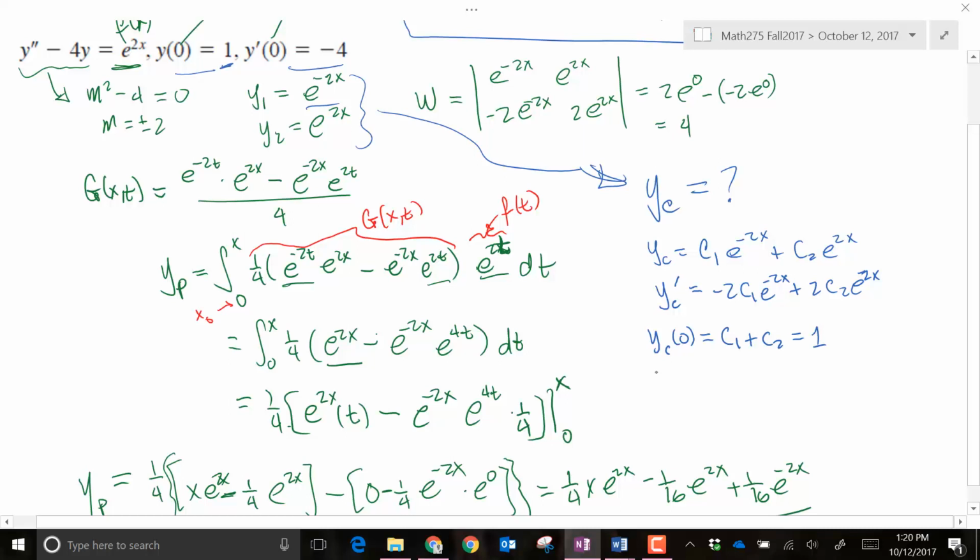And then the derivative evaluated at 0 is going to be minus 2c1 plus 2c2, and according to this it's equal to negative 4. So we have 2 equations and 2 unknowns in our system. Is something that we can do easily, or do we need to do some stuff?